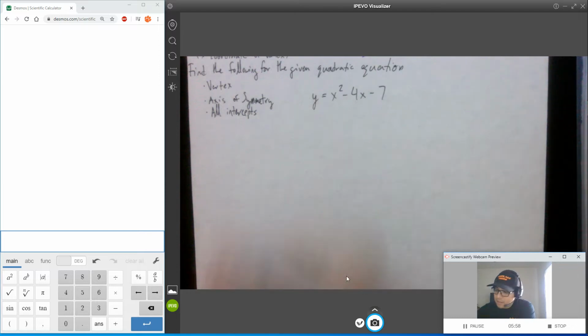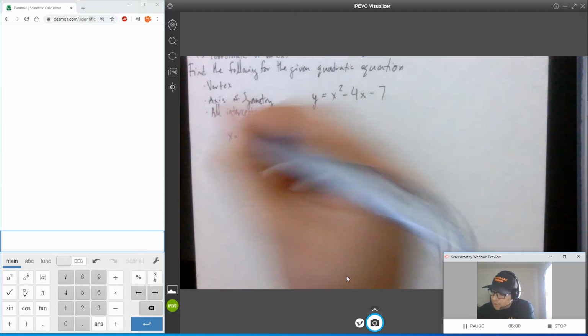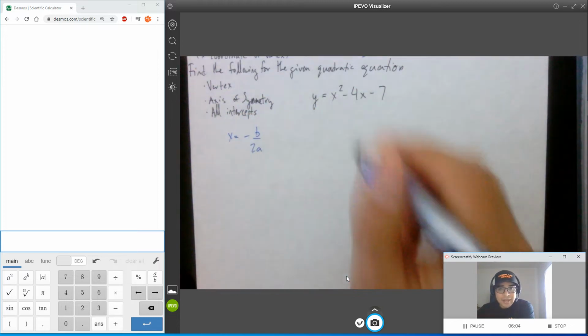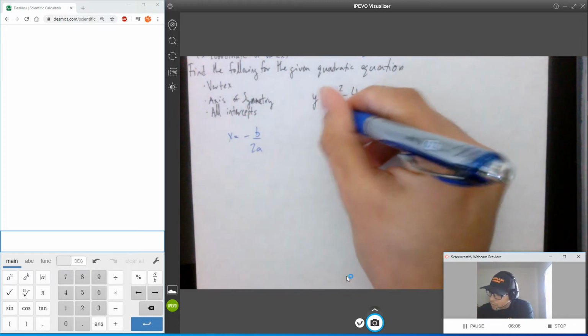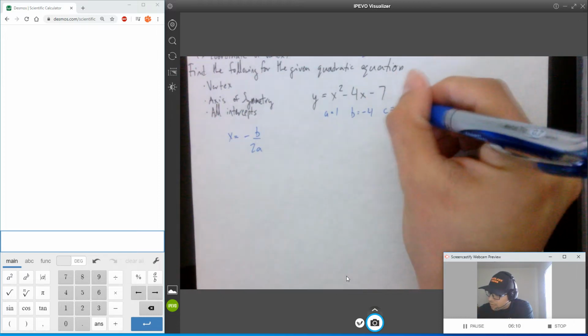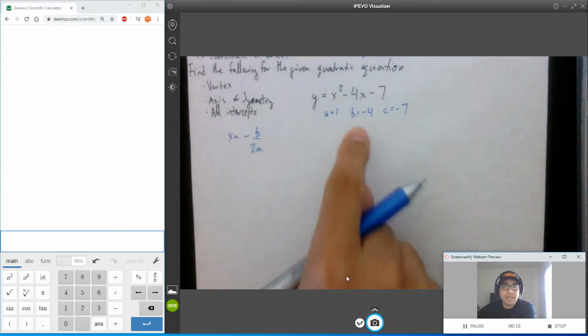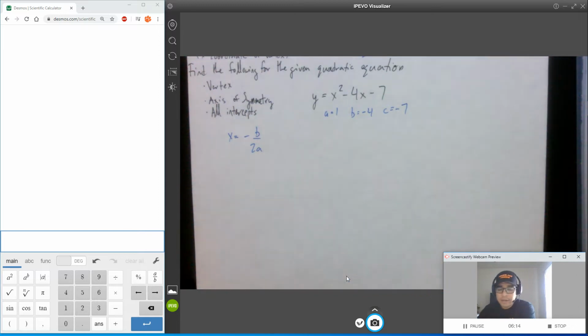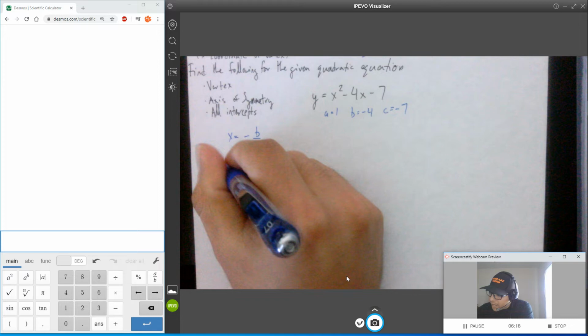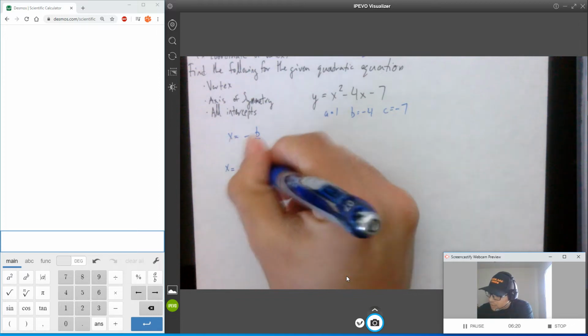The axis of symmetry, x, is equal to the opposite of b over 2a. In this case, a is equal to 1, b is equal to -4, and c is equal to -7. I only need these two values here. Wherever there's a variable, I'm going to put parentheses.